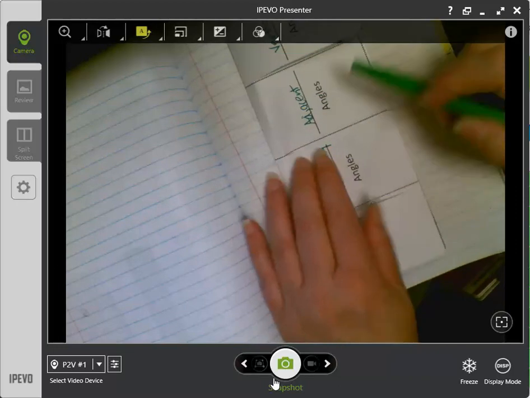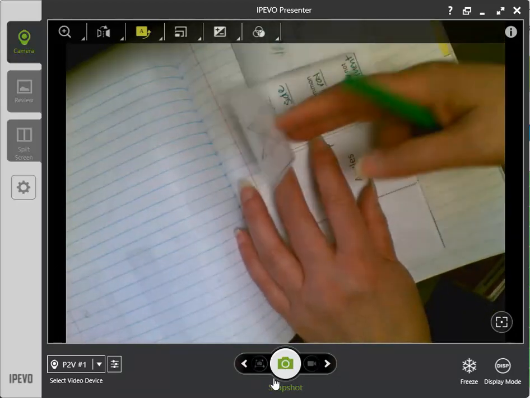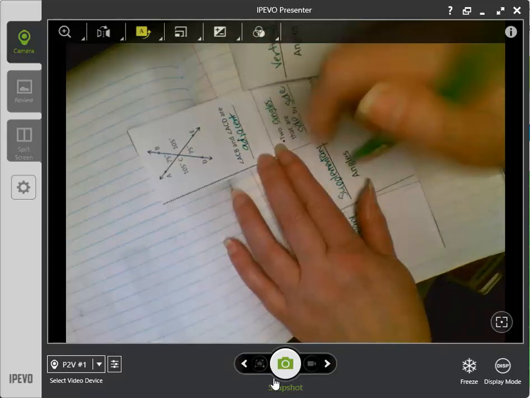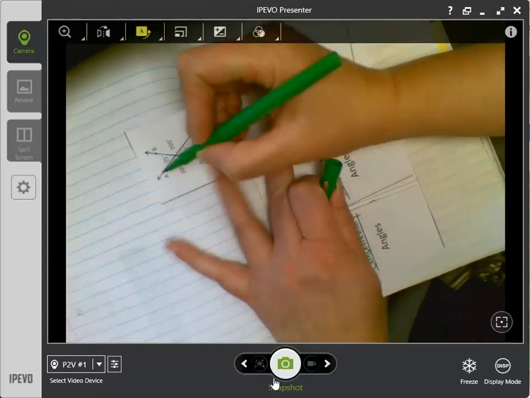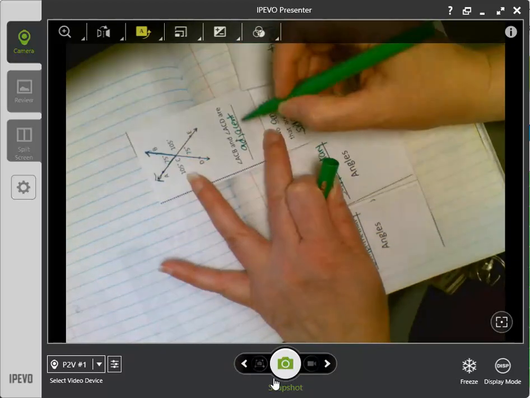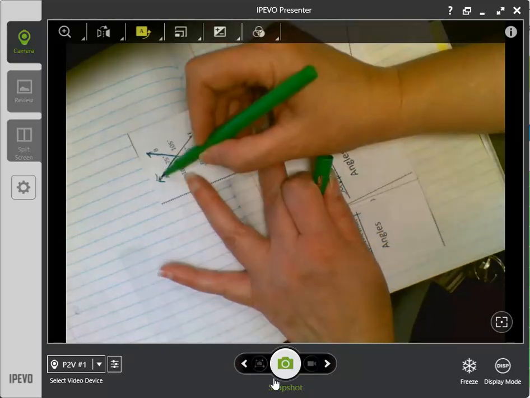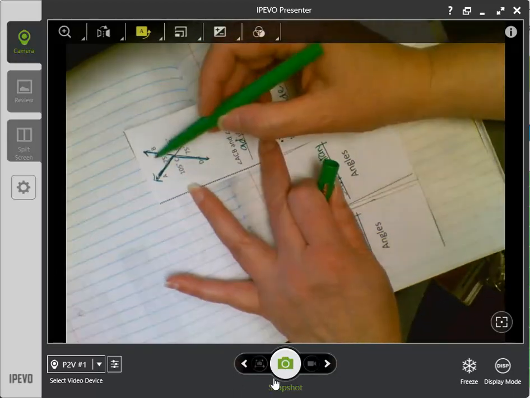The next vocabulary word then is adjacent angles. Adjacent meaning that they are side by side. So angle ACB, and I can even draw this, is adjacent to ACD because they share a side and they're side by side.